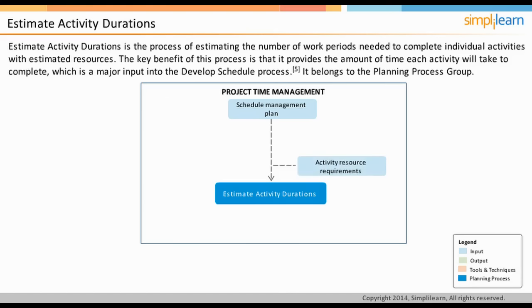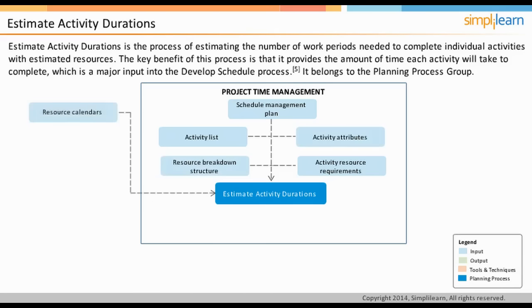Activity resource requirements is also an input to this process because resources assigned to an activity would significantly affect the activity duration. That is, the lower-skilled resources would take more time than the high-skilled resources. The other inputs include activity list, activity attributes, and resource breakdown structure.